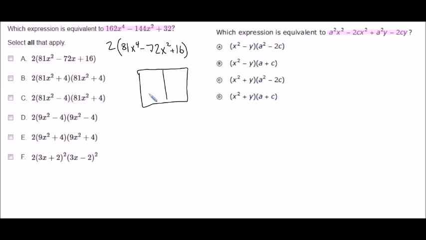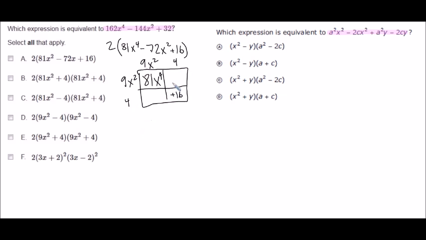So let's see. I love doing boxes. I know this would be my first box. My constant would be my last box. Well, 81's perfect because that's just 9 times 9. And to get x to the 4th power, that would be x squared times x squared. And 16 is perfect because that's just 4 times 4.